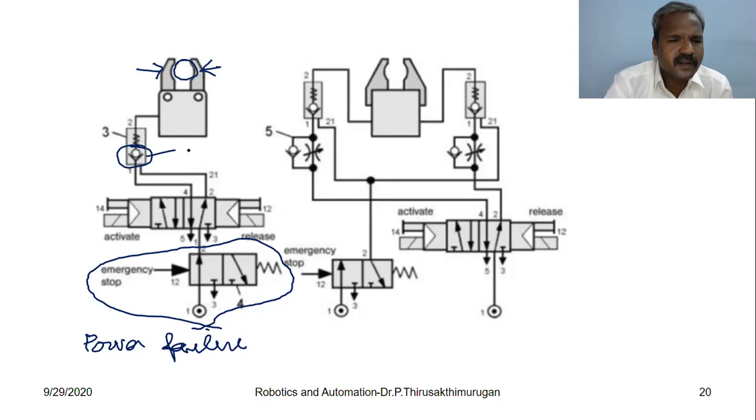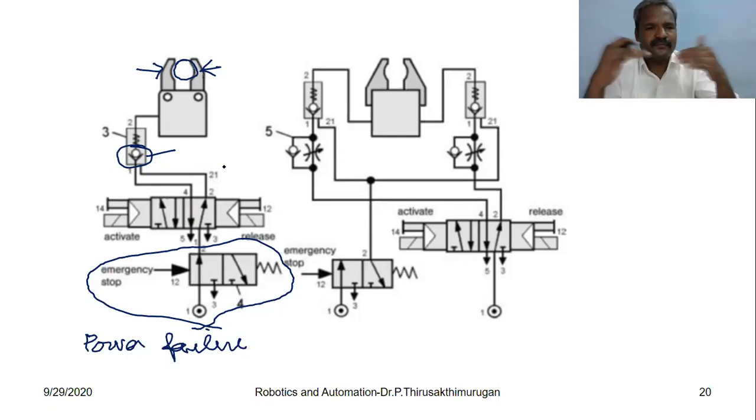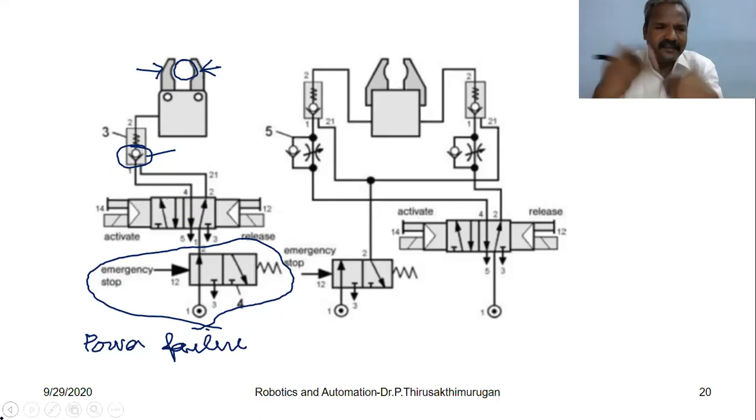When the power failure occurs, immediately this gripping force will fail. To hold that object during power failure, the grasping power should not release, so the return air should not come back from the cylinder.